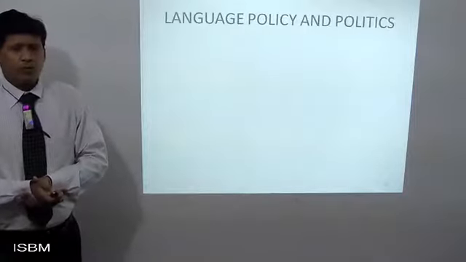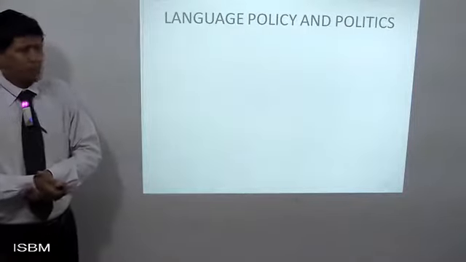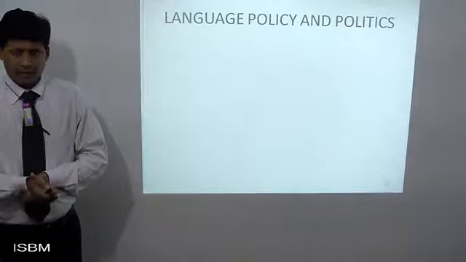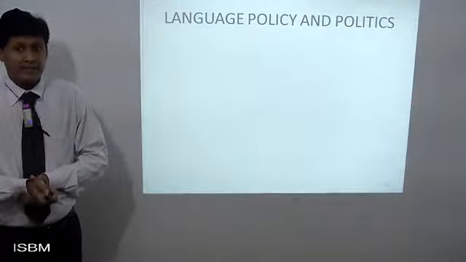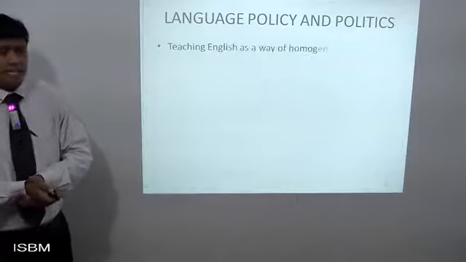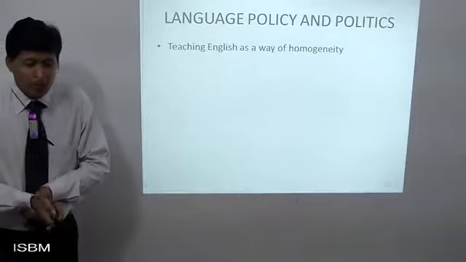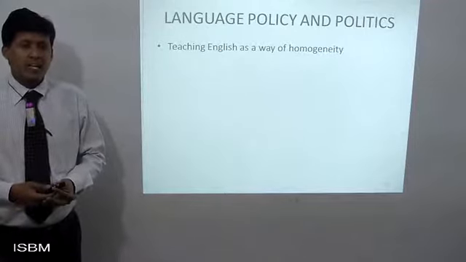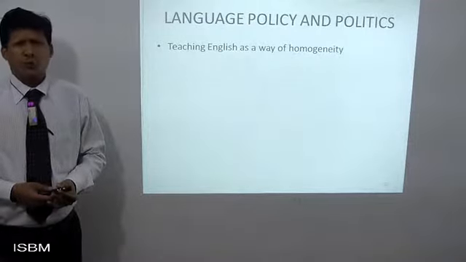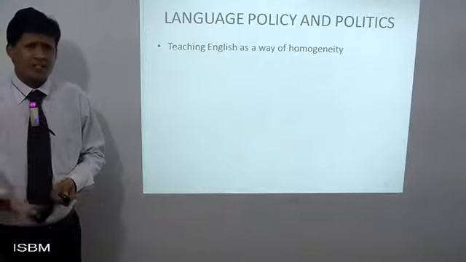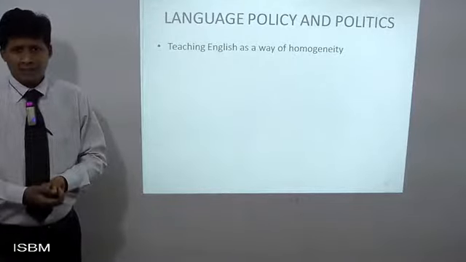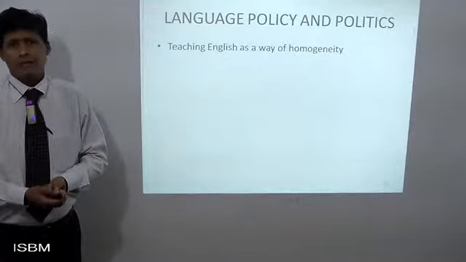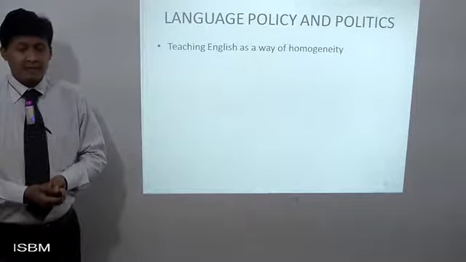Okay, so we will also now look into language, policy and politics. Now, they are closely interlinked. It is all the more relevant in India's context because we are a multilingual country with so many languages. Officially registered, the count itself becomes 35, and they say there are close to 350 languages within the country itself.